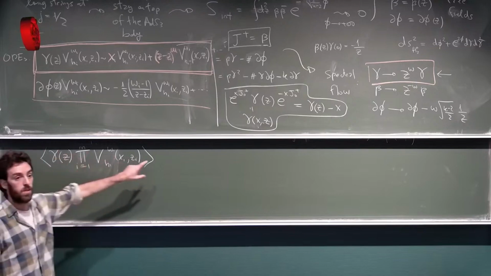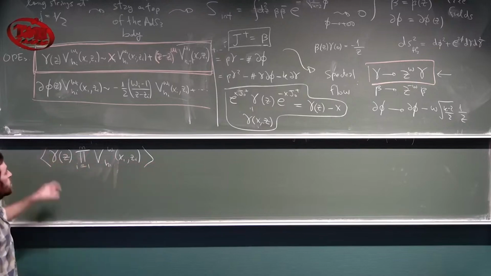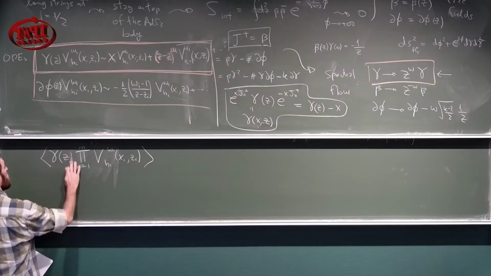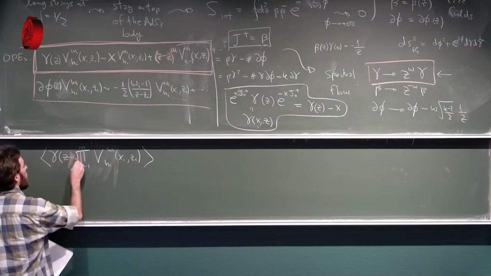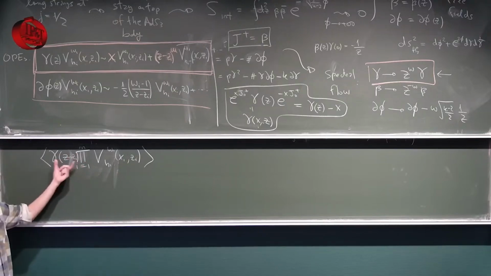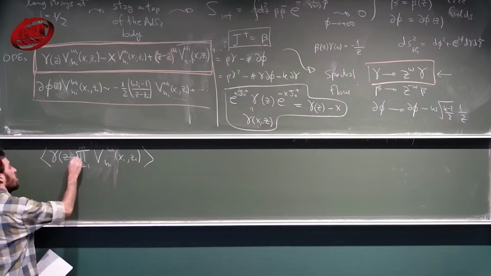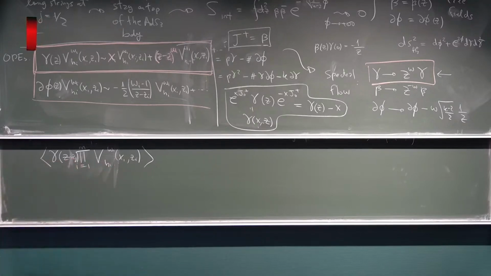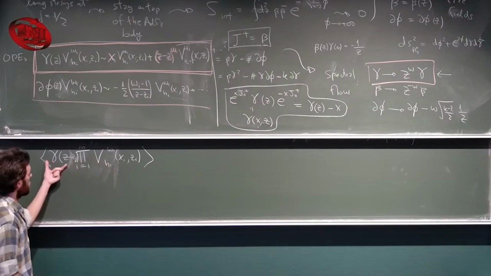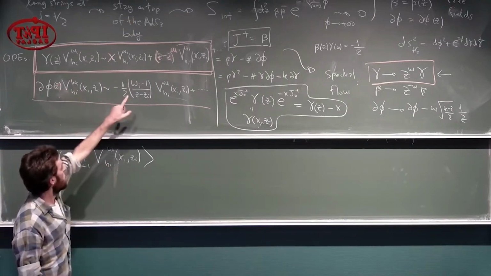When I try to think about what this does, for example near some point z_j, I just use the OPE of gamma with the corresponding field, which is exactly what I wrote there.